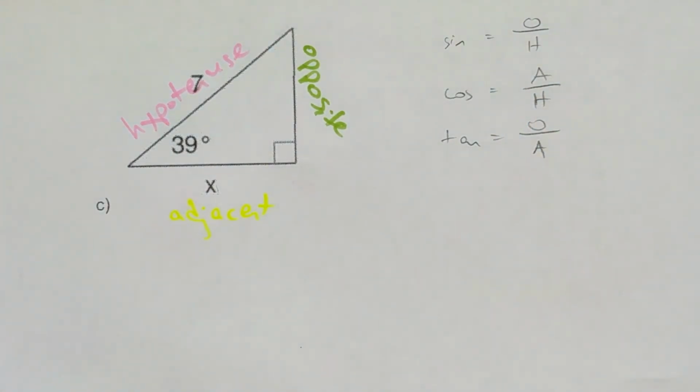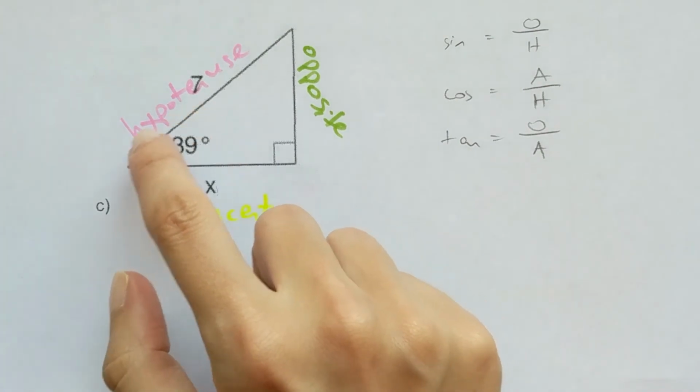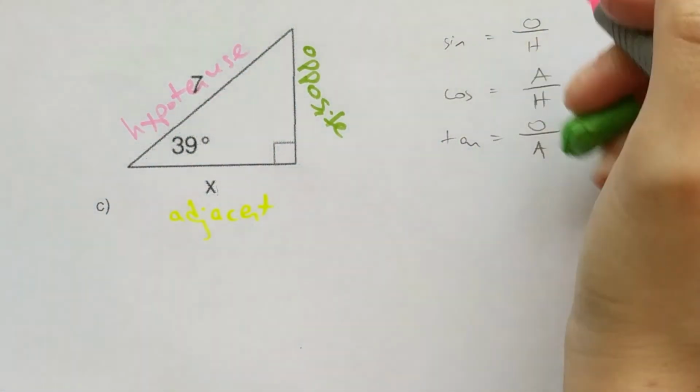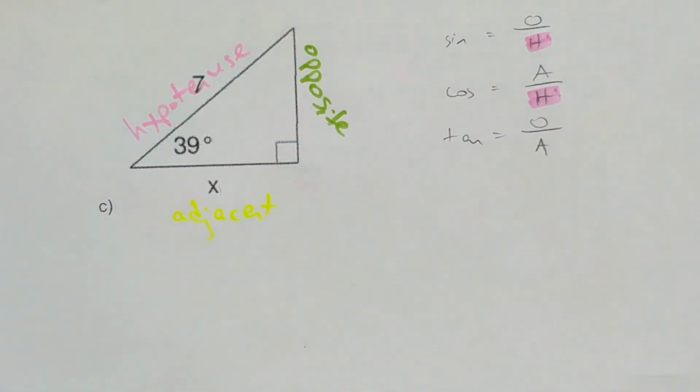Okay. Remember, we need to pick a ratio that uses the information we were provided. And we were provided with our hypotenuse length. So I need to pick a ratio that has a hypotenuse in it. I also need to pick a ratio that has an adjacent in it.